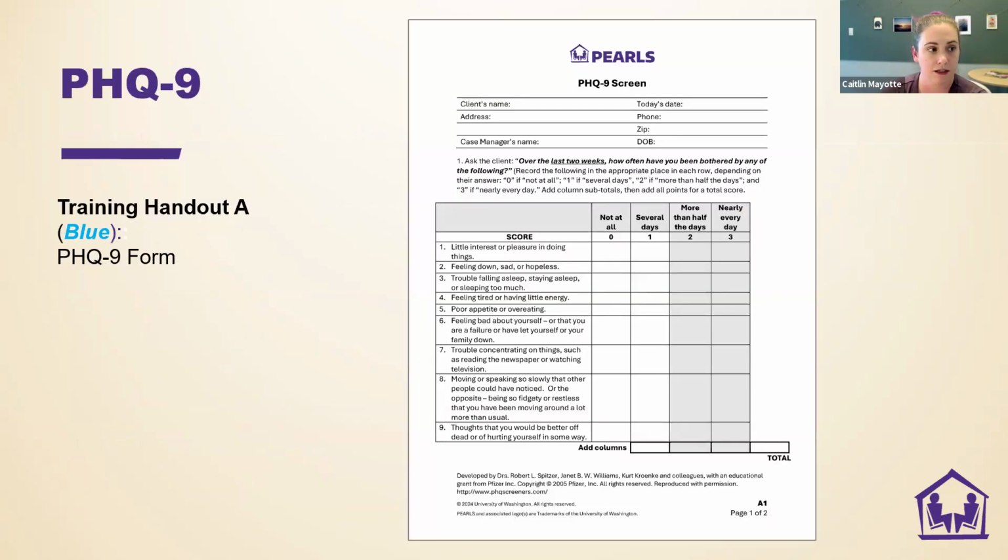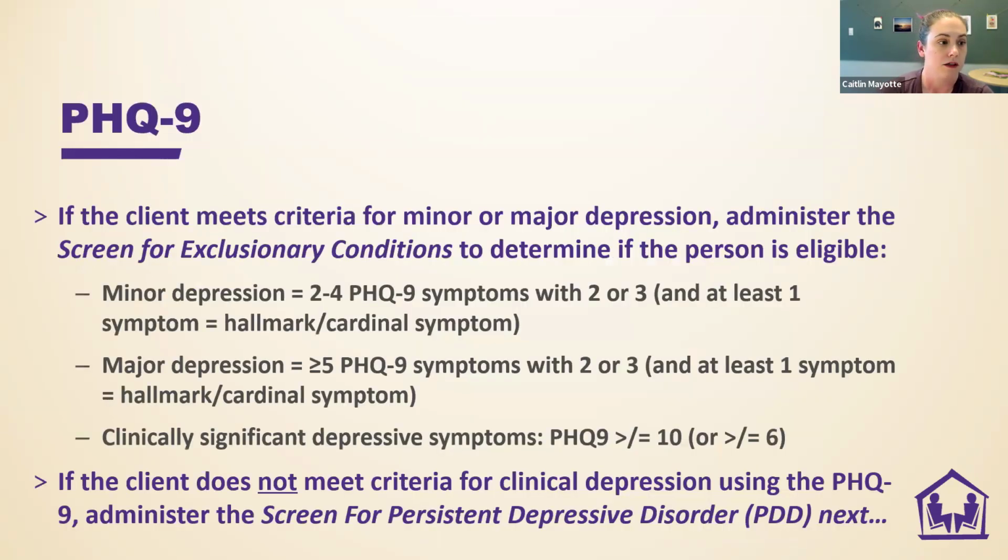We talked about that. On our PHQ-9, this is where you can highlight for them the shaded sections. They need to have a score of a 2 or a 3 in the first 2 questions, and at least one of them needs to be a hallmark or cardinal symptom for minor depression and major depression.